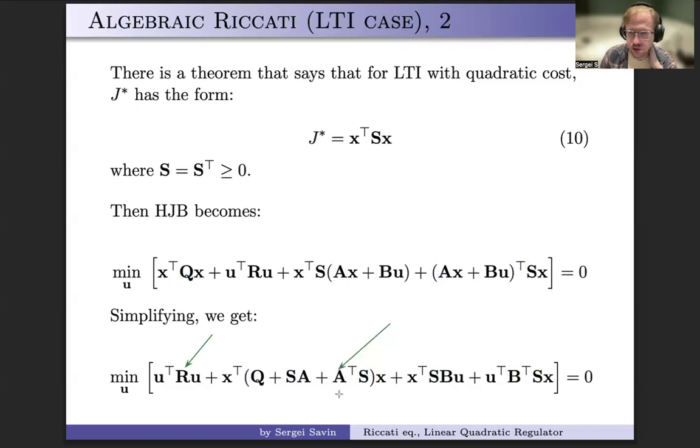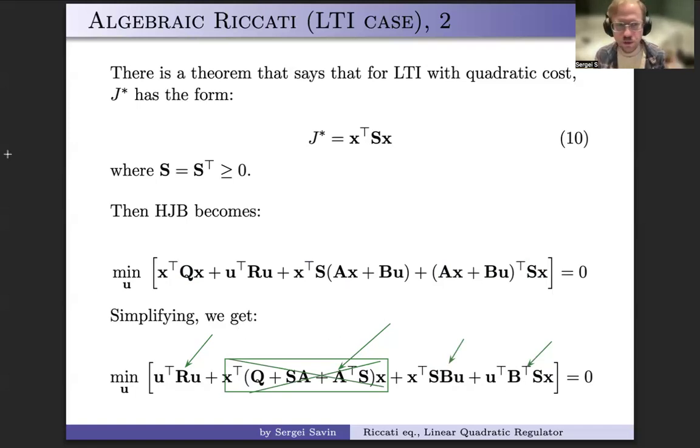Partial derivative of this whole thing will be 0, right? It doesn't have a partial derivative with respect to u. And partial derivative of this with respect to u would be x transpose sp, and here it will be the same.